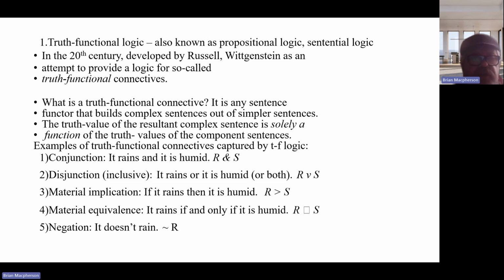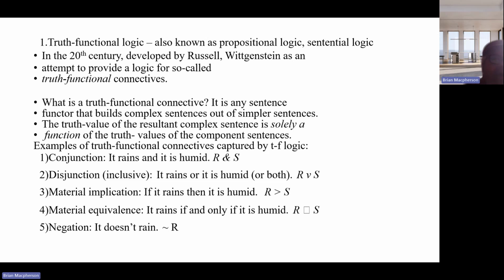1, conjunction. It rains and it is humid. We symbolize that in propositional logic as R and S, right? So basically, R stands for it rains, and S stands for it is humid.